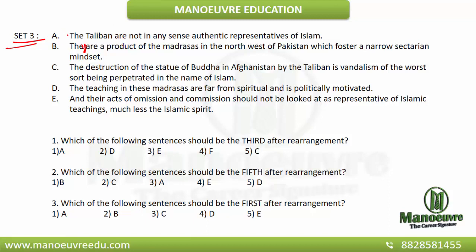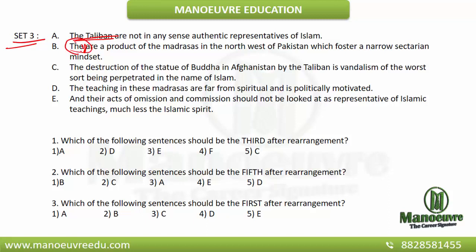So let us try and again spot the first words and see which of the sentences can we eliminate from being the first statement, the opening line of the paragraph. Okay, so statement A, let us see, the Taliban. Yes, this makes sense. This can be our opening sentence. Let us see the next statement. They are a product.